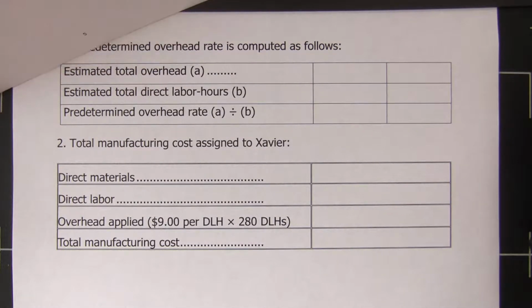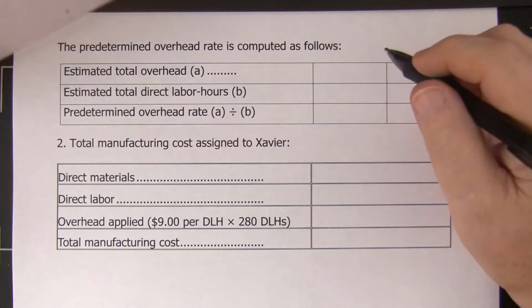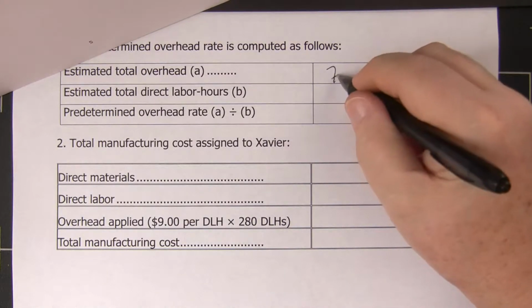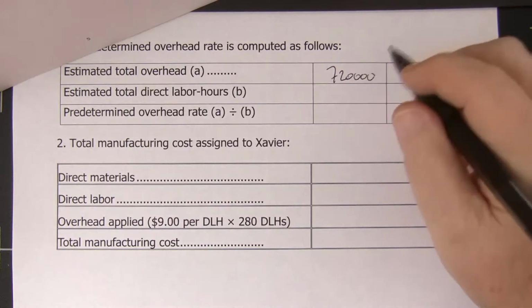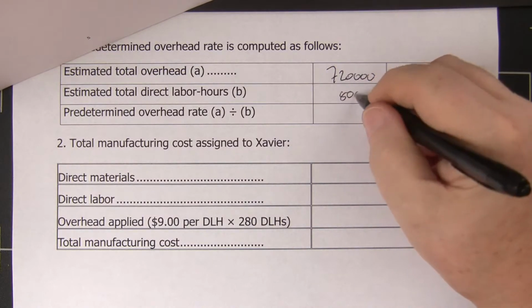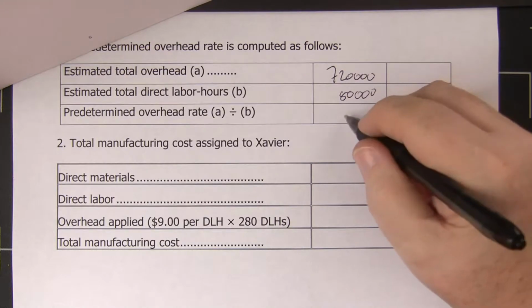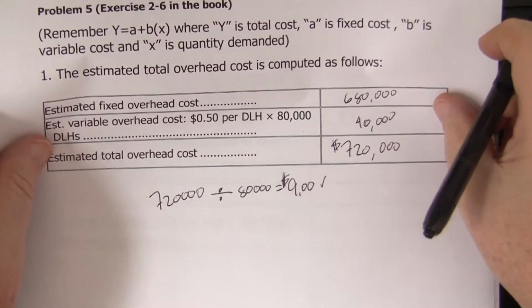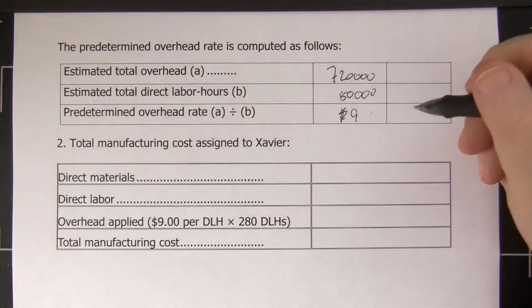So, let's take that information and go on to the next step. And let me fill this in so we have the numbers right here. Our total overhead we came up with was 720,000. Our 80,000 hours, so our predetermined overhead rate was $9. I just brought that over here so it's all on one page.